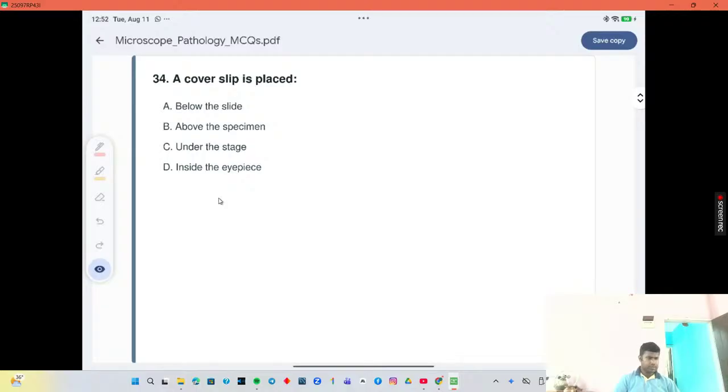Here the question is given as, a cover slip is placed? So we place this cover slip above the specimen to prevent it from contamination.